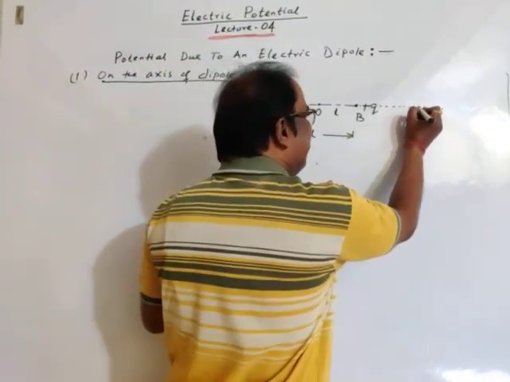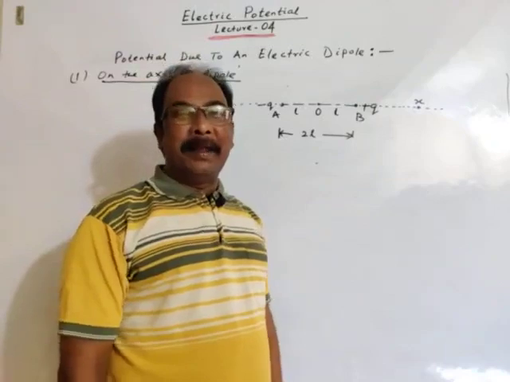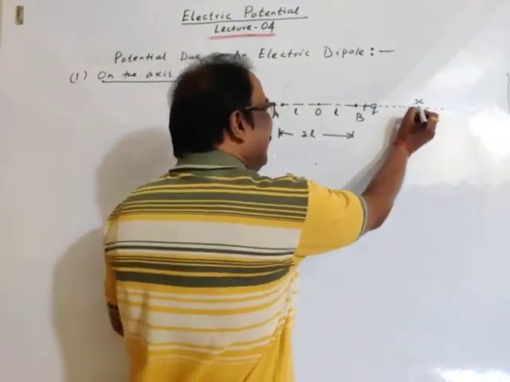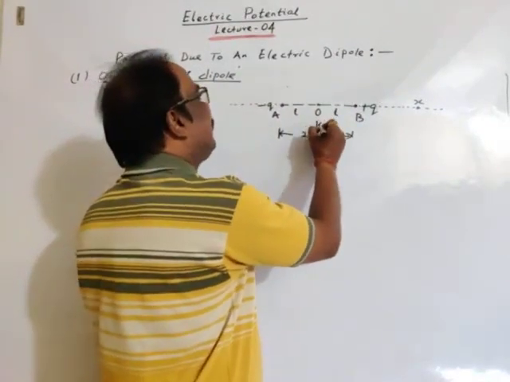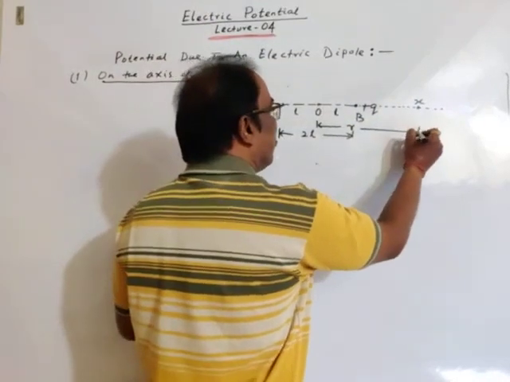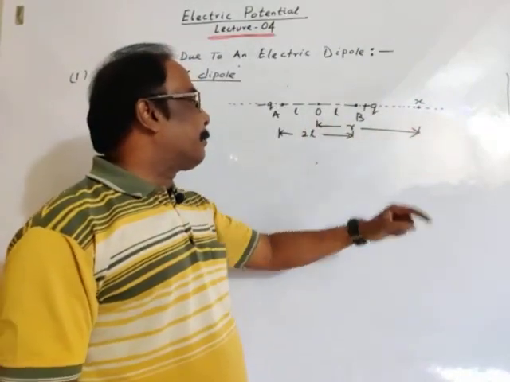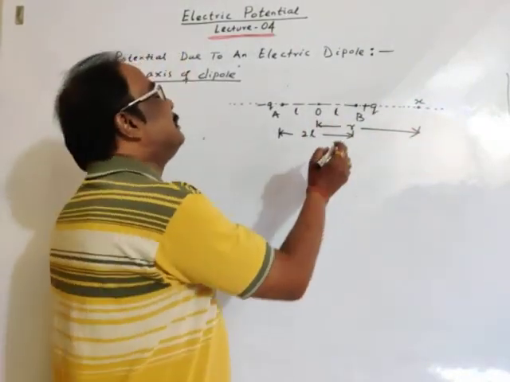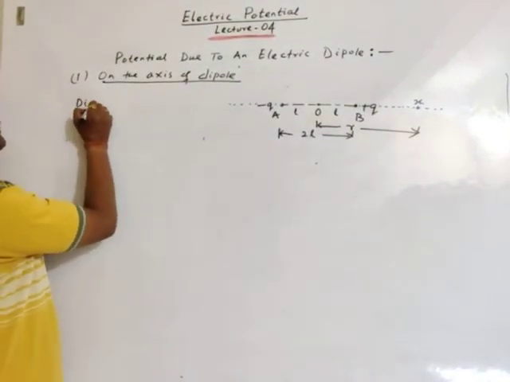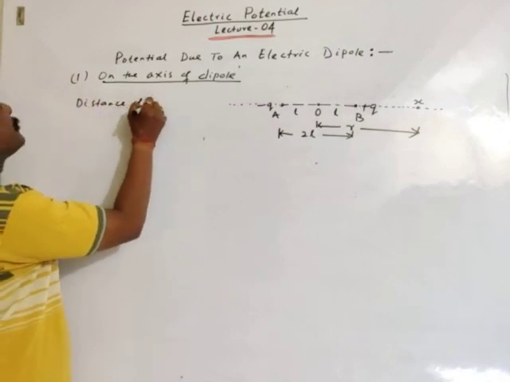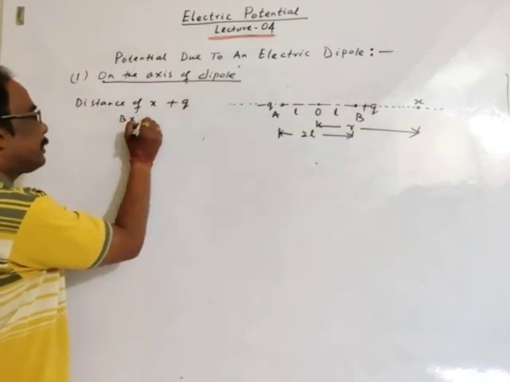Let's consider any point X on the axial line of the electric dipole. The point X, where we have to find the electric potential, is at a distance R from the center of the dipole, O. The distance of X from plus Q is Bx.